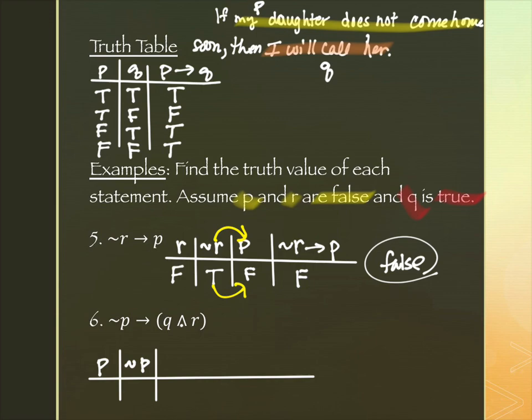The individual pieces in the parentheses involve both a Q and an R, and then joining them as Q and R. And then the last part at the end puts it all together, which has tilde P implies Q and R.